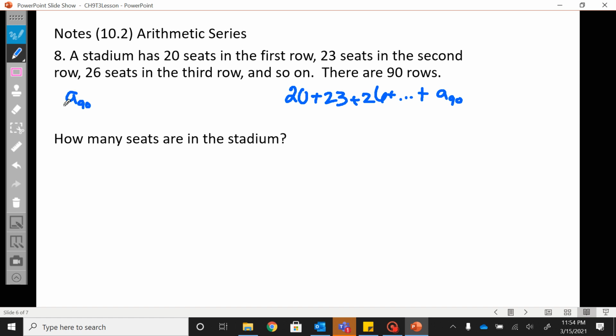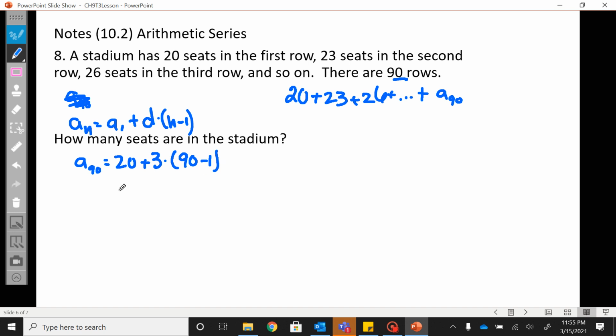So remember how to calculate a specific term. A sub n, an nth term, is equal to the first term plus the difference times n minus 1. So the 90th term is equal to the first term 20 plus the difference, which is 3, times n minus 1. N in this case is 90 because there are 90 terms, so 90 minus 1.